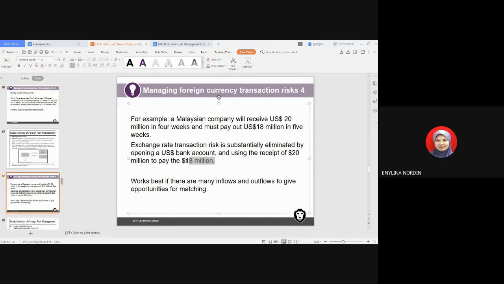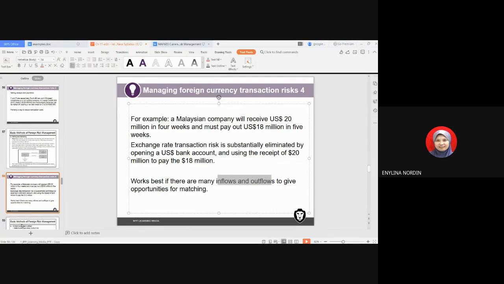So it will reduce the transaction cost. It works best if there are many inflows and outflows into and out of the bank account, that means multiple receipts and payments, to give the opportunity for matching, that is to reduce the risk.